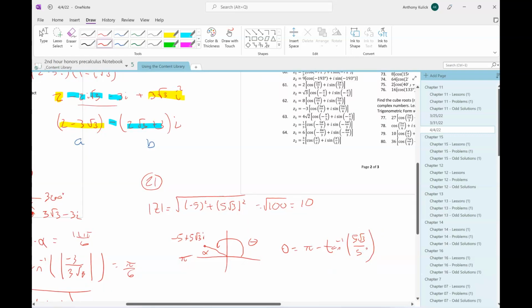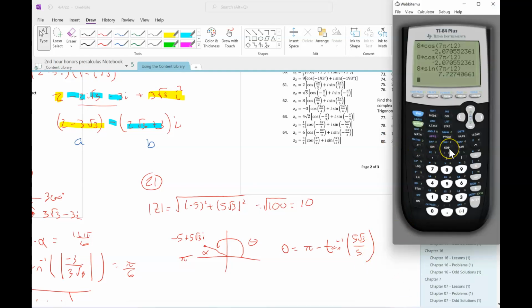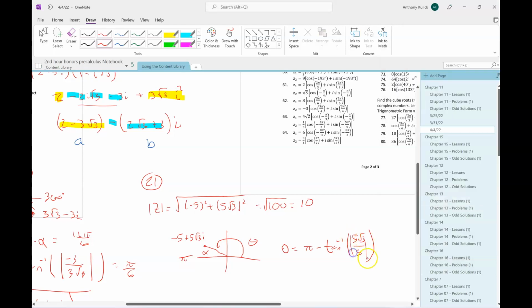That I recognize as a unit circle value. I think that's 60 degrees. I'll just double check real quick.